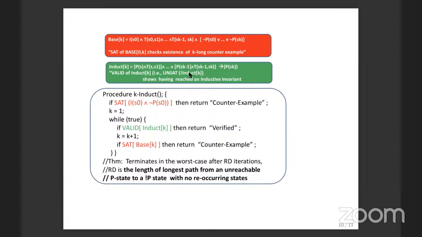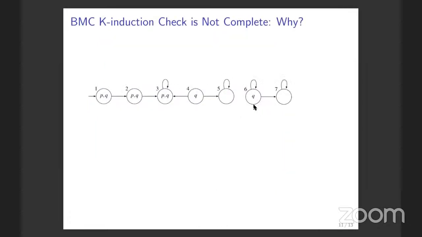This inductiveness check is only a sufficient check, but not necessary. For examples like this, when you're trying to check if Q is an invariant, but it's not an inductive invariant, it's a two-inductive invariant.